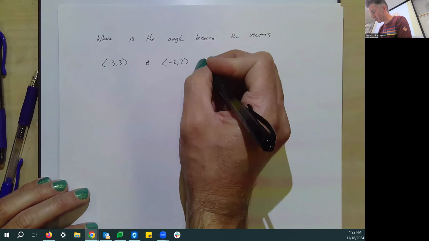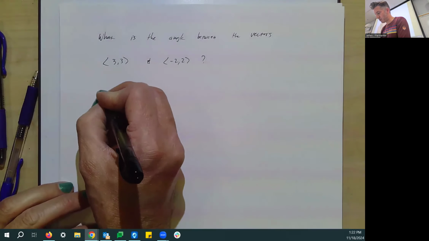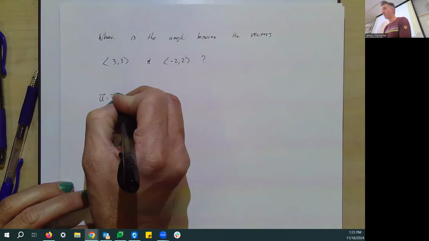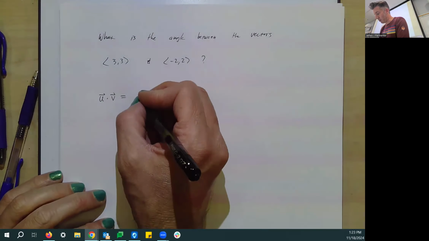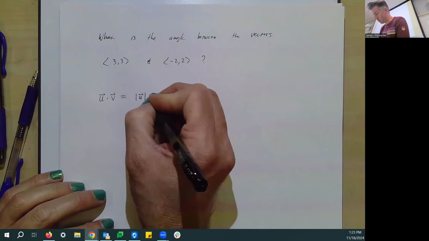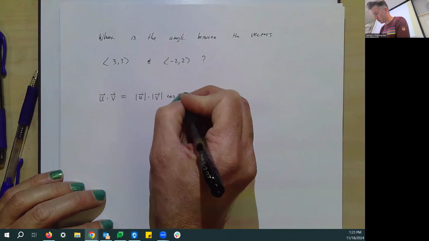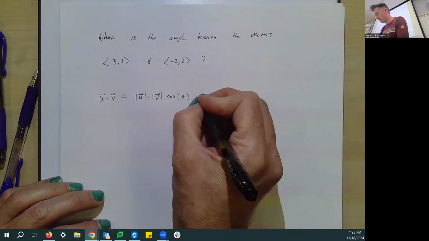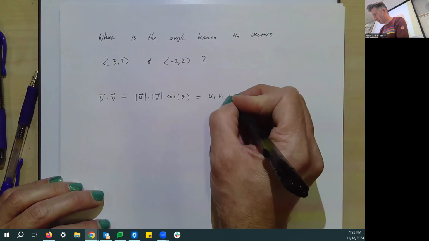Here's the idea. We can calculate the dot product in 2 different ways. We could either say the dot product is going to be the magnitude of u times the magnitude of v times cosine of the angle between them. We could also say it's just the components of u times the components of v added up together.